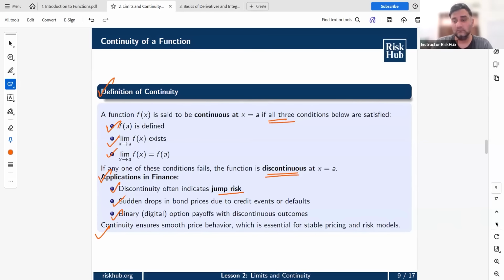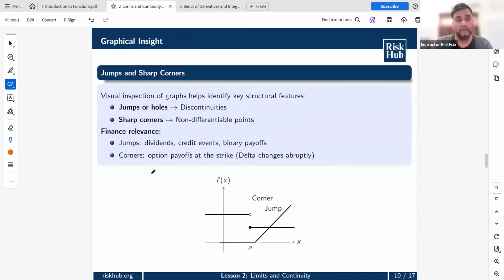Okay. All right. Then we go into the next part, where you are trying to understand jumps and sharp corners, and you are trying to get the graphical insight. So now we are trying to explain how graphs help identify discontinuities. Visual inspection of graphs helps detect two structures, right? First, jumps.